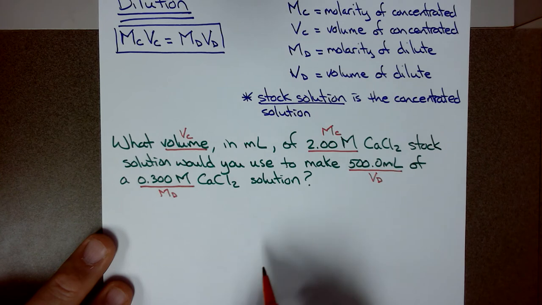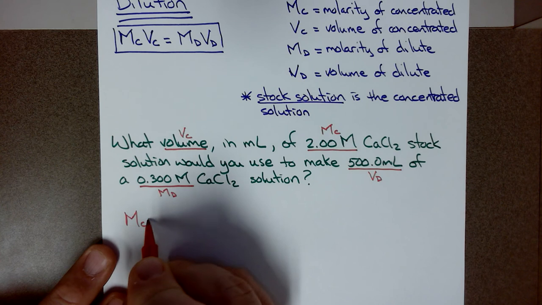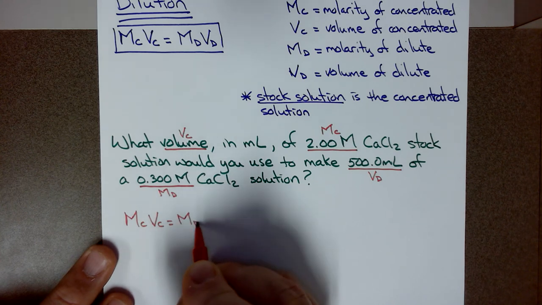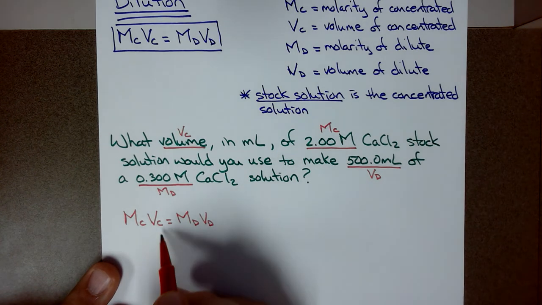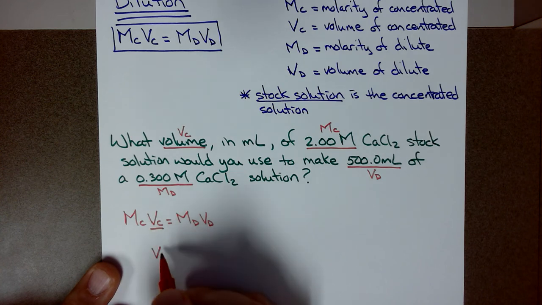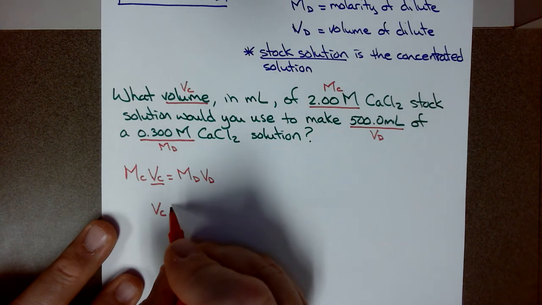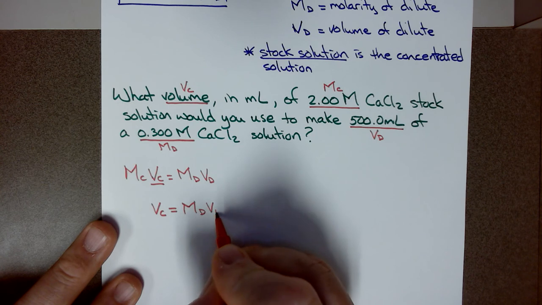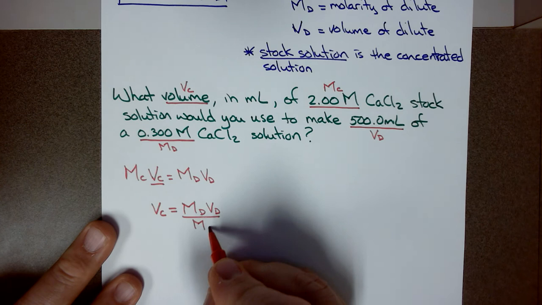So now I write the equation: MC VC is equal to MD VD. I'm looking for VC, so I'm going to divide both sides by MC. So the volume of the concentrated that I need will be the molarity of the dilute times the volume of the dilute over the molarity of the concentrated.